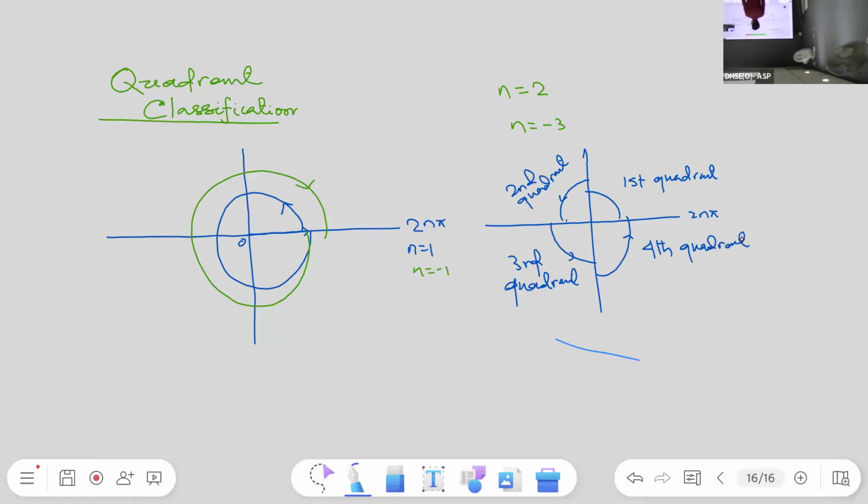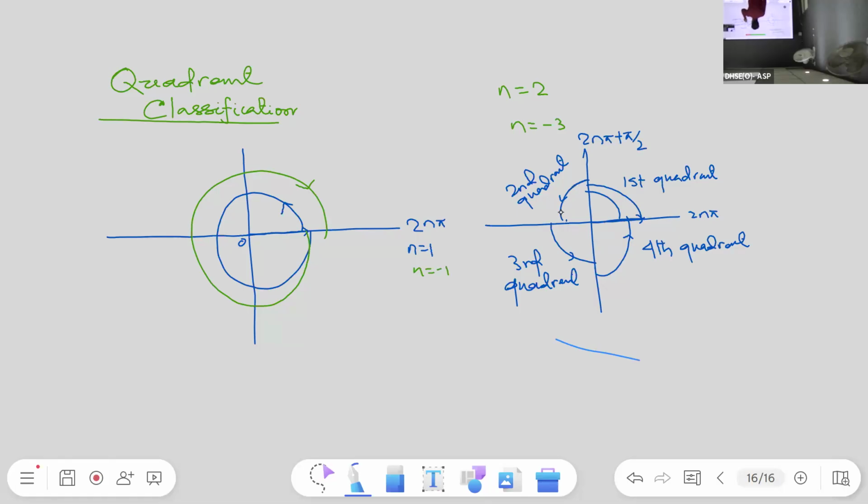First quadrant, second quadrant, third quadrant, fourth quadrant, right? So from this position to this position, if you cover an angle of 90 degree, that is pi over 2. So this region is 2n pi plus pi over 2. So the measurement of the first quadrant angle is 2n pi to 2n pi plus pi by 2.